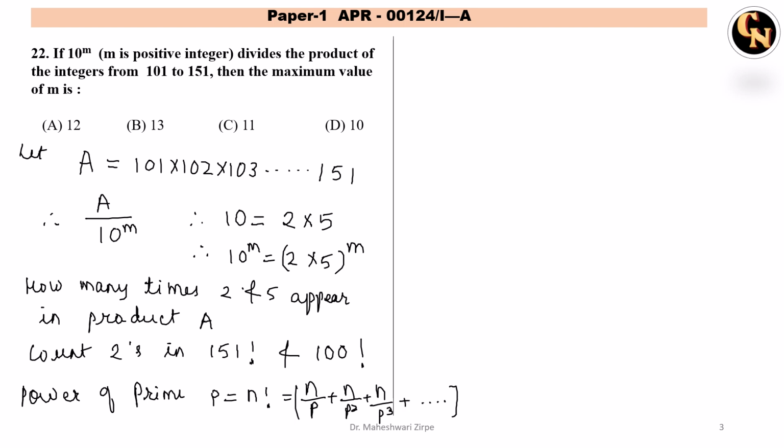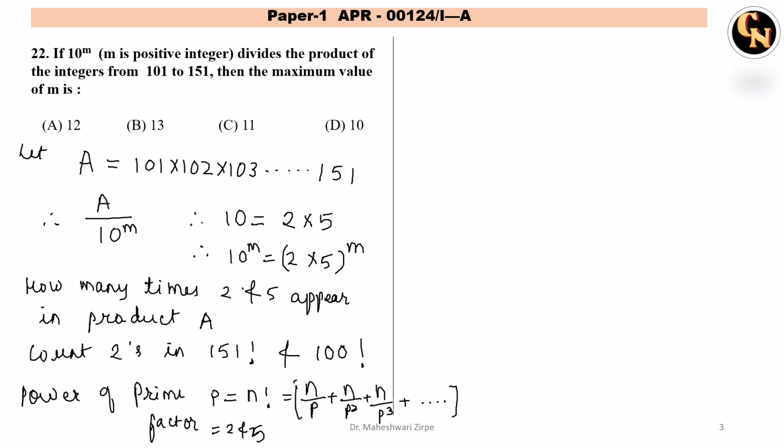So this is how you can find the factorial of any number n in terms of primes. Here the prime factors for us are 2 and 5. Using this formula we can find out the powers for 151 and 100.